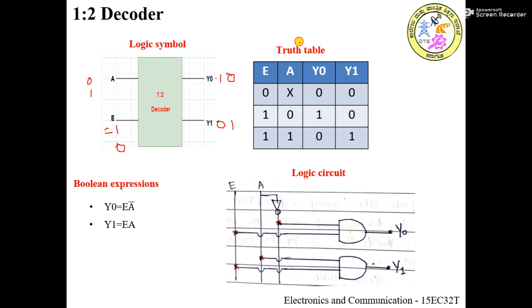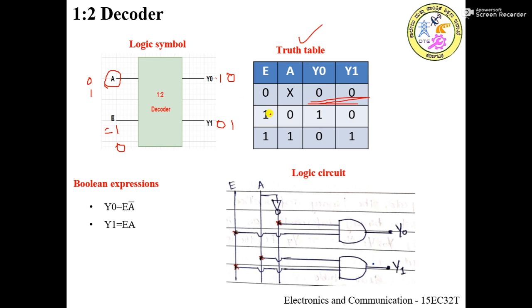In the truth table you can see here, if the enable pin itself is 0, whatever may be the binary information on A, it is not decoded onto the output lines Y0 and Y1, and they remain 0. None of the output lines are activated whenever the enable pin itself is 0.